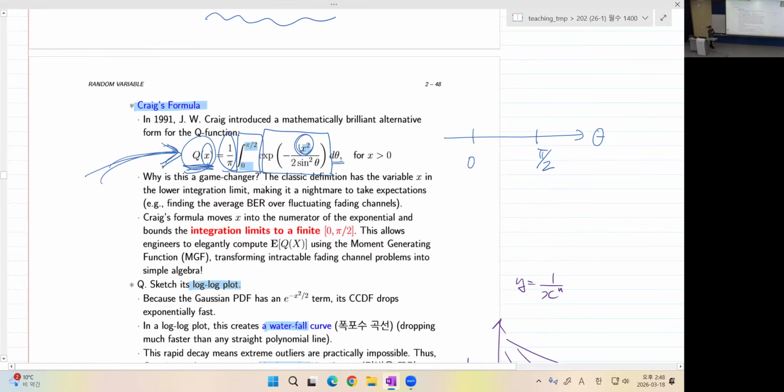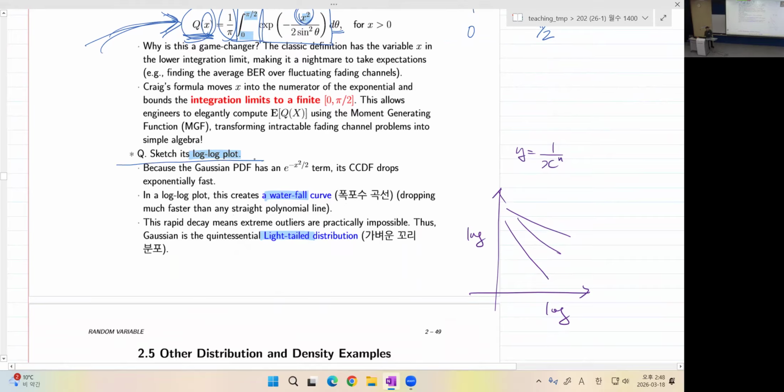The last comment about the Gaussian or normal distribution is the log-log plot. And what is a log-log plot? Usually, we use linear axes when we plot a curve. But in many engineering problems, we need logarithmic scaling of the value and the argument of a function, because sometimes we have a formula appearing in engineering that has a form like this.